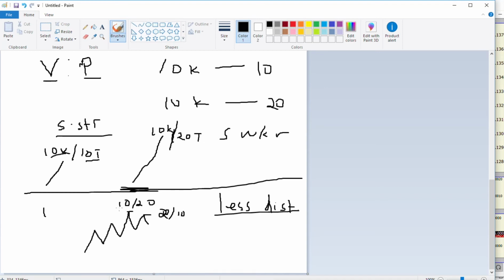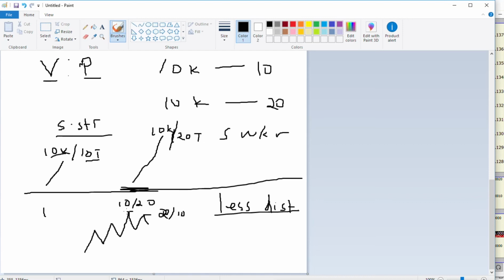Because 10,000, which is less volume, was able to move price 20 ticks, and after that, double the volume, meaning not 10 but 20,000 contracts, was only able to push price half as much. So for sure, supply is stronger on the second wave than it is on the first wave.